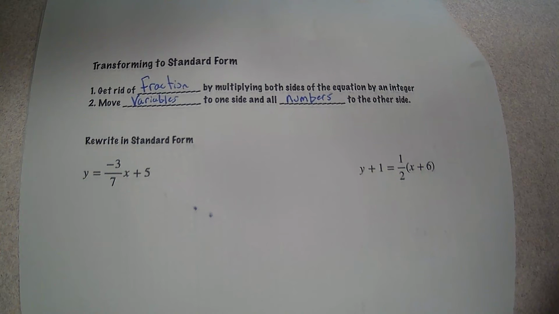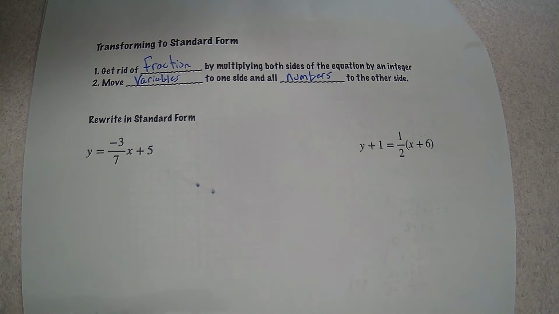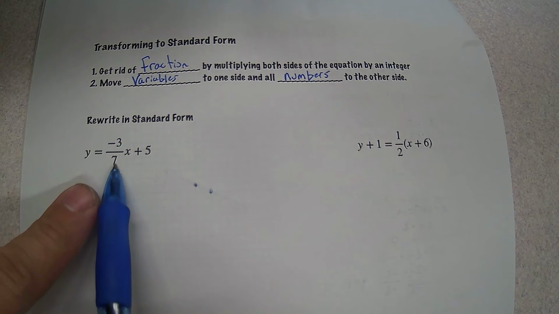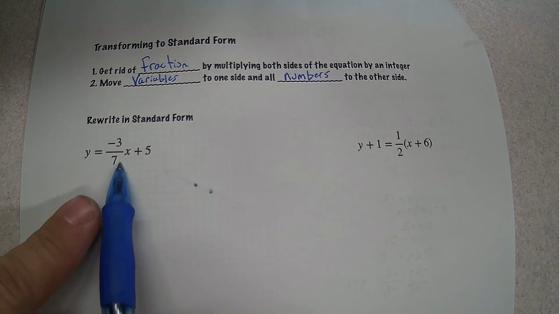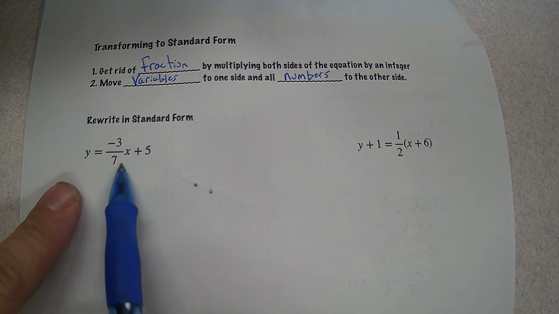So let's rewrite in standard form. In standard form, we generally don't want fractions, so we want to get rid of those fractions. And so if you just have one fraction, you're going to multiply by the denominator. If you have multiple fractions, you want to find the lowest common denominator and use that.